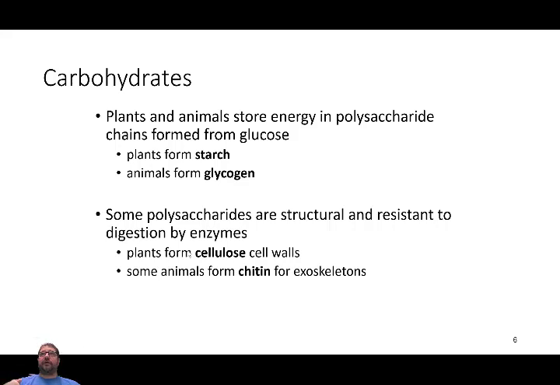And that either is through beneficial bacteria that create enzymes that can digest cellulose, or it's through having maybe multiple chambers in your digestive system where you can ferment the material and produce an alcohol that helps break down that cellulose material. Okay? And really the same thing goes for chitin.